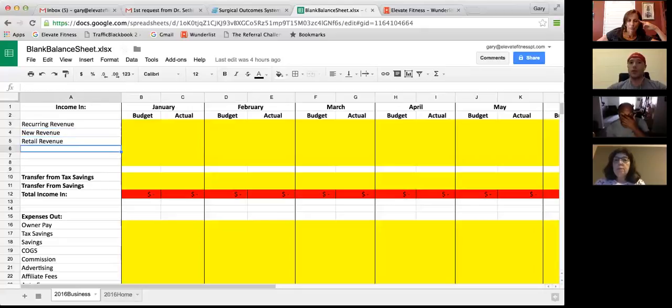So we talked about setting budgets and we talked about the actual expenses and actual revenues coming in last week. Yes? Okay. So here are line items. These are called line items when they're on the left-hand side. You want line items for specific things that you're going to measure, okay?